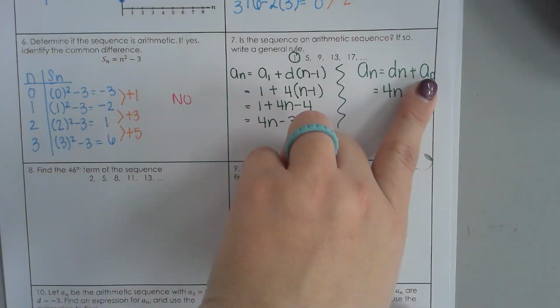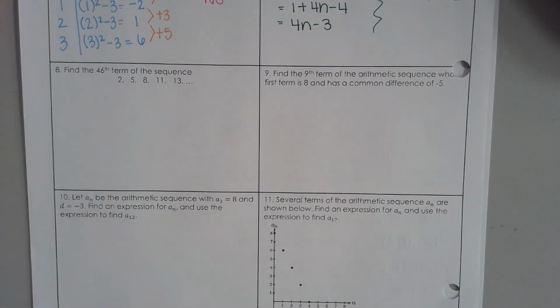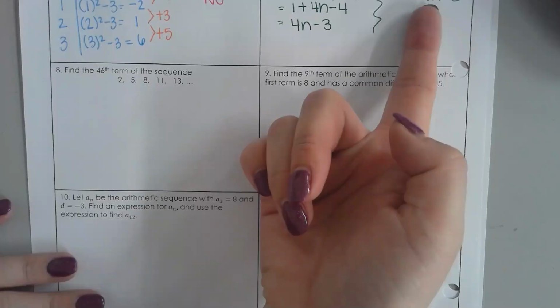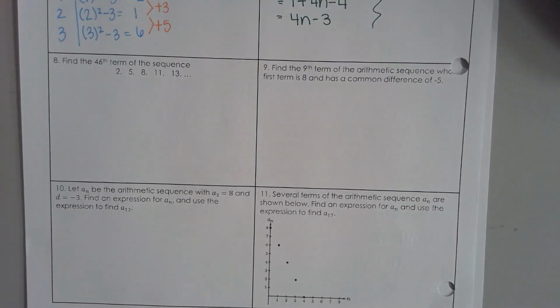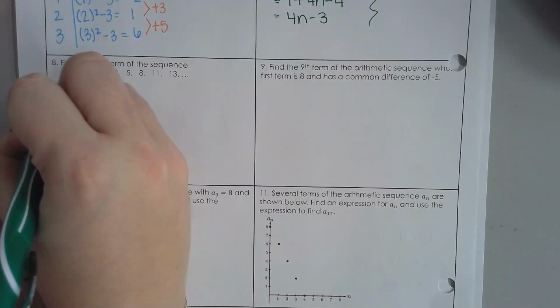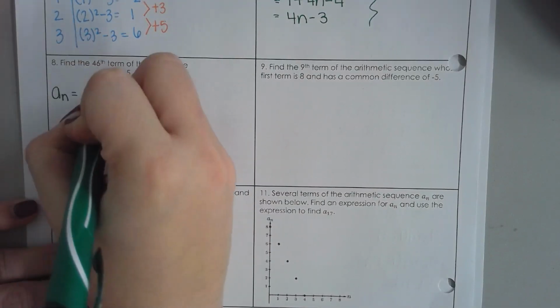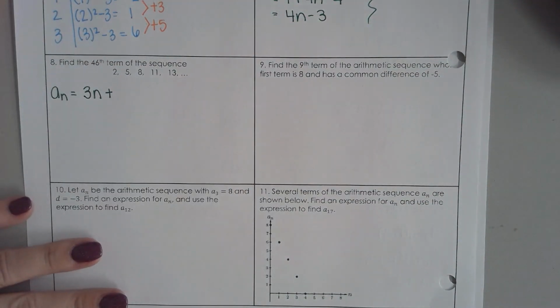Sometimes finding, it says find the 40th term in the sequence. So we're using the dn plus a0, the distributing and stuff. Right, so an equals 3n plus, if I went back 3, what would I be at? -1.